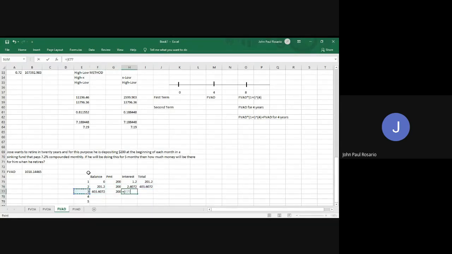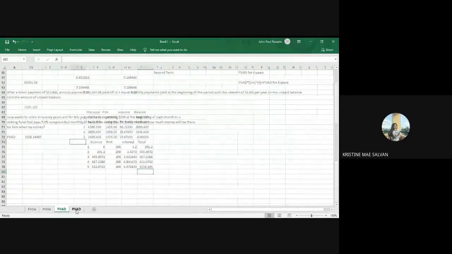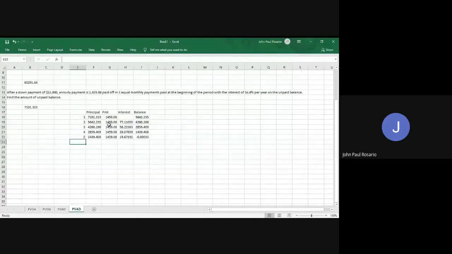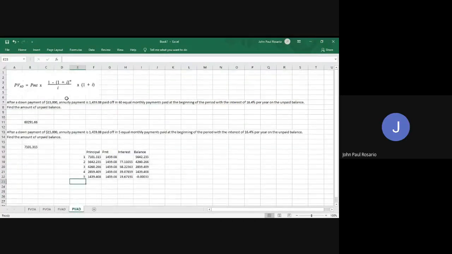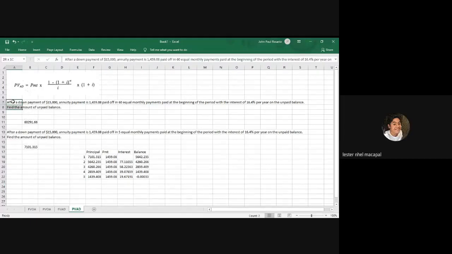Interest would be this one plus this one times 0.072 over 12. It continues until period 5. So as you can see, guys, from nothing, it becomes something. Follow?